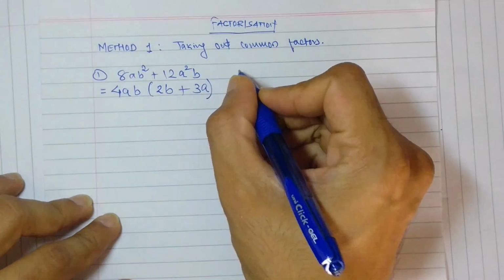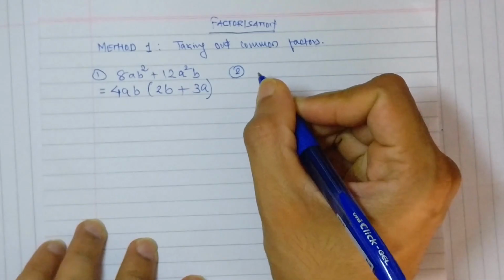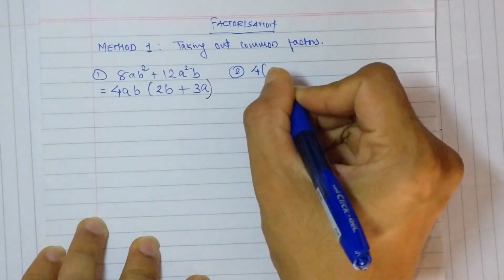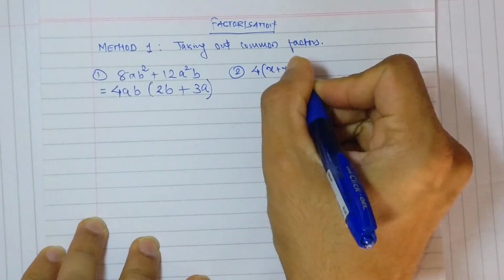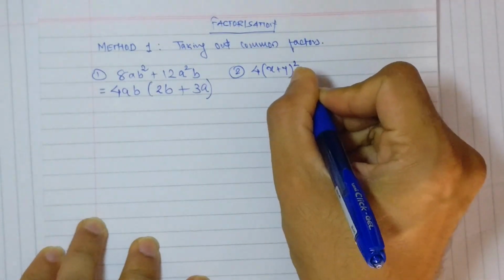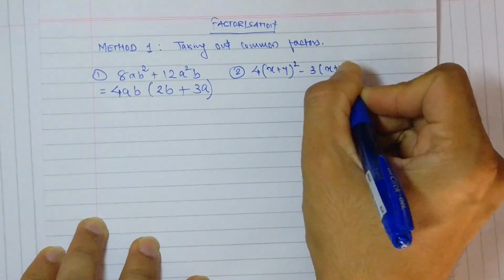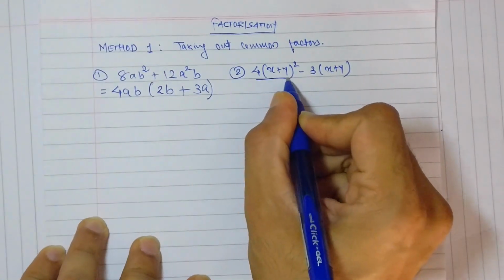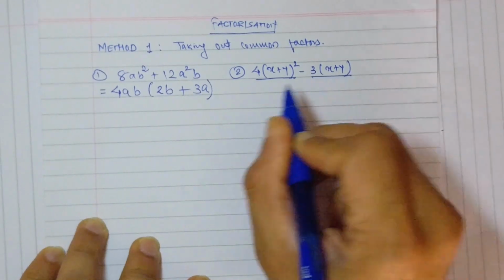Okay, let's take one more question. 4 bracket x plus y the whole square minus 3 bracket x plus y. Now there are two terms again. This is one term, this is second term. What is common?